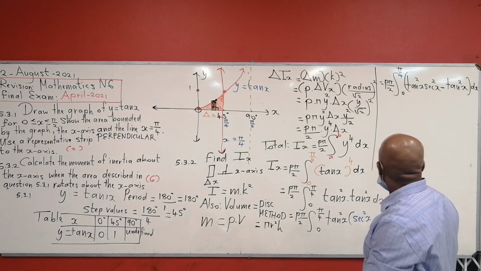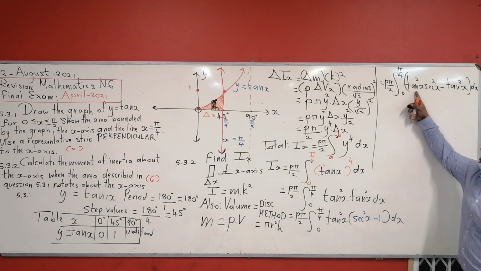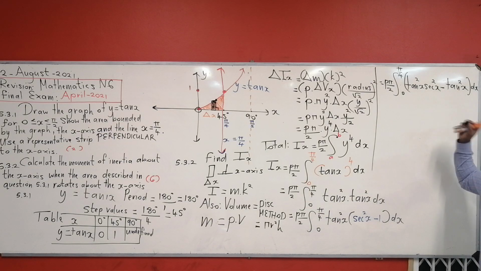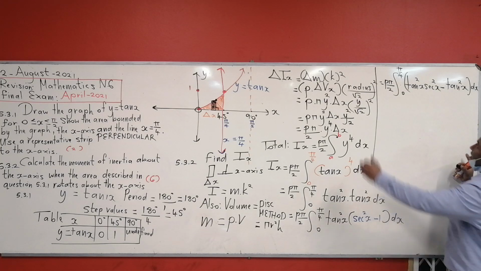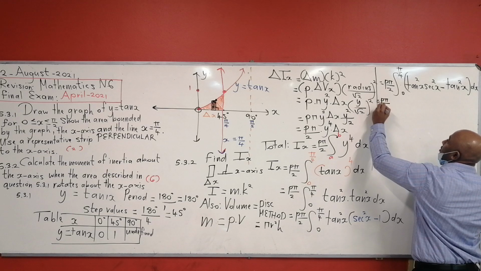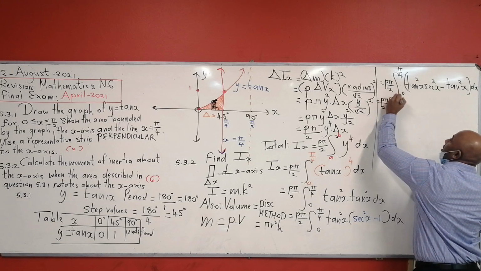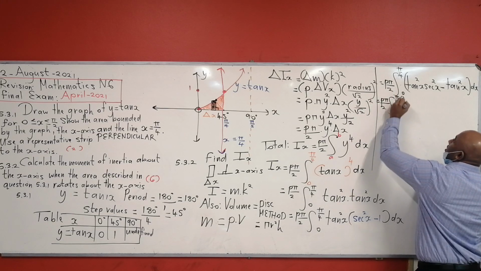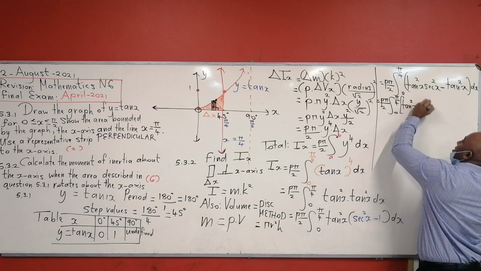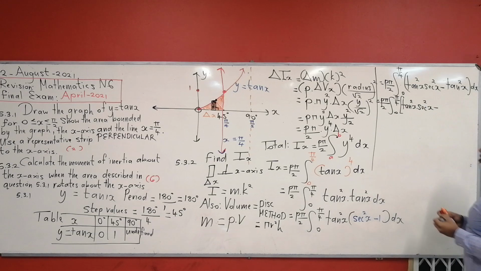Now, this is an exact derivative, and this is a square identity. I need to simplify further. So that's going to be the integral from 0 to pi over 4 of tan squared times sec squared minus tan squared.